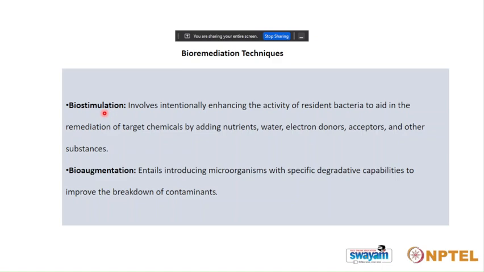So basically in biostimulation, the activity of resident bacteria will be stimulated in order to remediate the target chemicals by adding specific nutrients, water, electron donors, and other substances. So this is termed as biostimulation, in which we will be stimulating the microbial activity. And then augmentation.